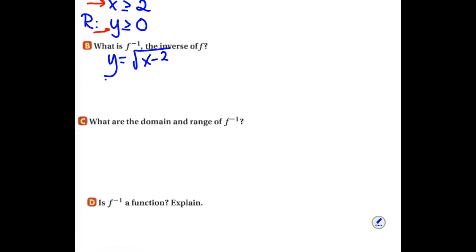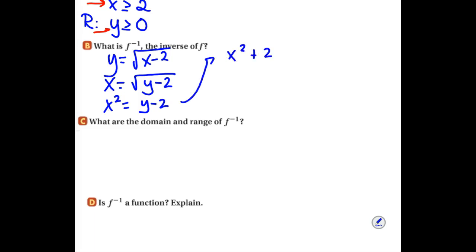So now it becomes x equals the square root of y minus 2. How do we solve that for y? We have to square both sides, and then add the 2 over. So we end up with x squared plus 2 equaling y.